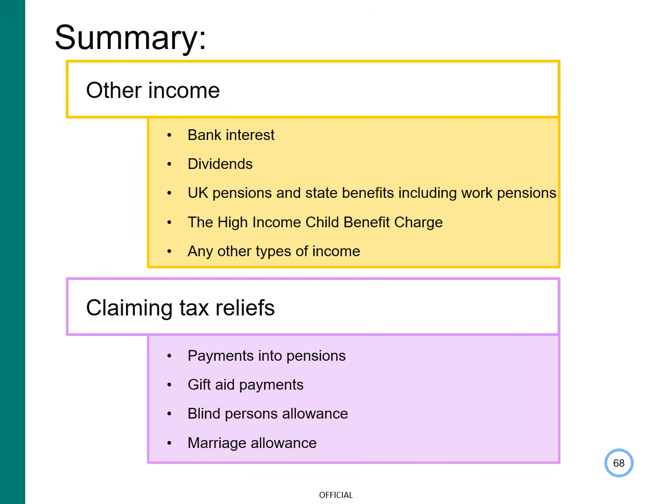We also looked at claiming tax reliefs on your tax return, including payments into pensions, gift aid payments, blind persons allowance, and marriage allowance.